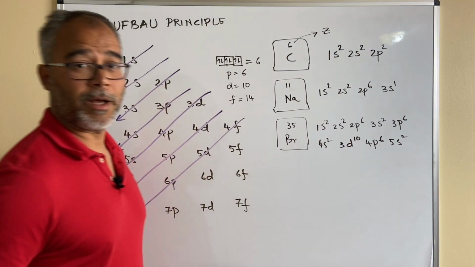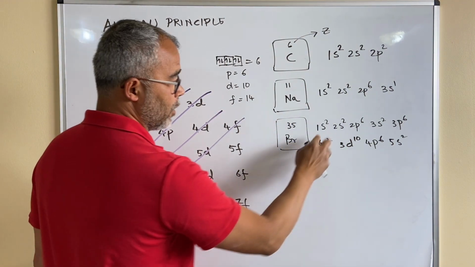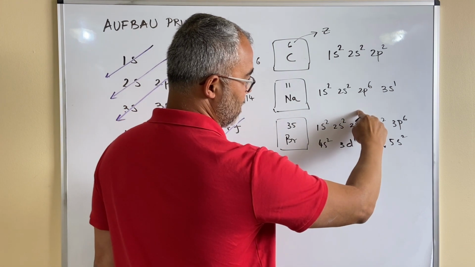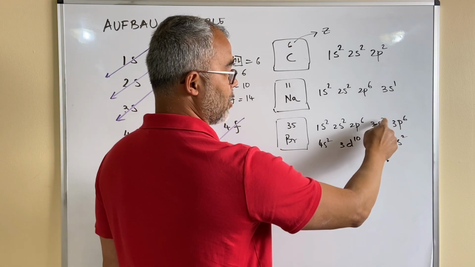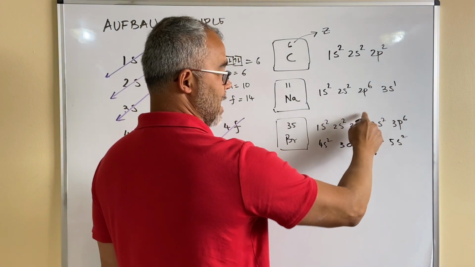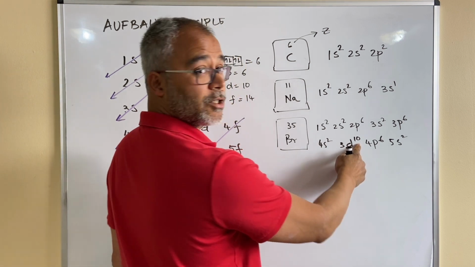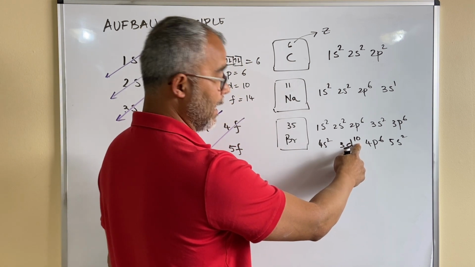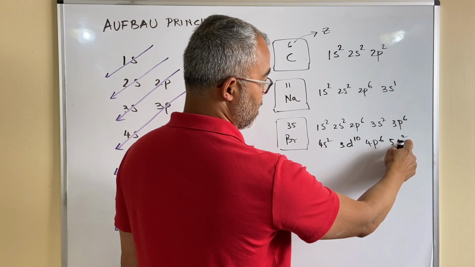Now let's stop for a minute and count how many electrons we used up, because we cannot go beyond 35. 2 and 6 is 8, plus 10 is 18, plus another 10 is 28, plus 2 is 30, plus 6 is 36, and 2 more is 38.